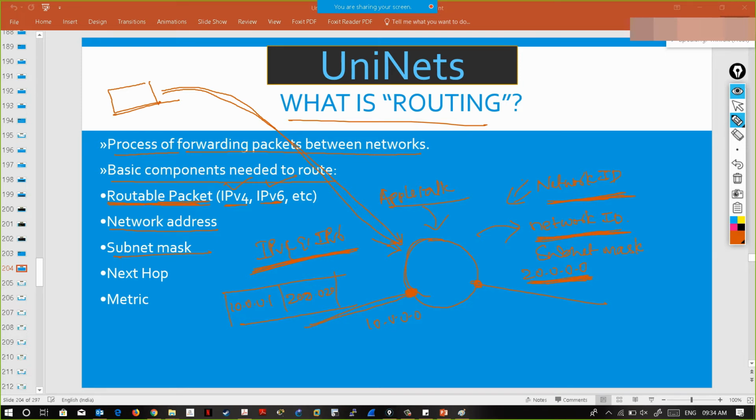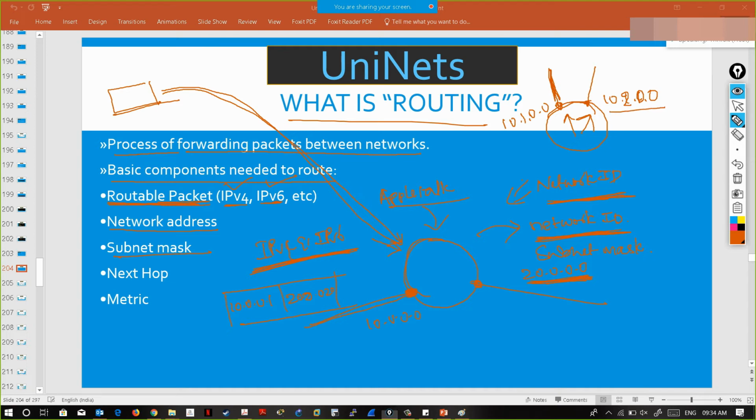Subnet mask, why? In order to calculate in particular on which interface that packet needs to go out. Suppose I am having 10.1.0.0 on this interface and on this interface 10.2.0.0.